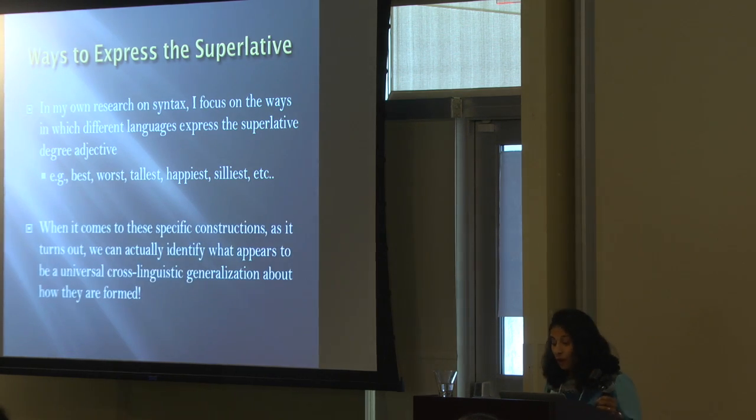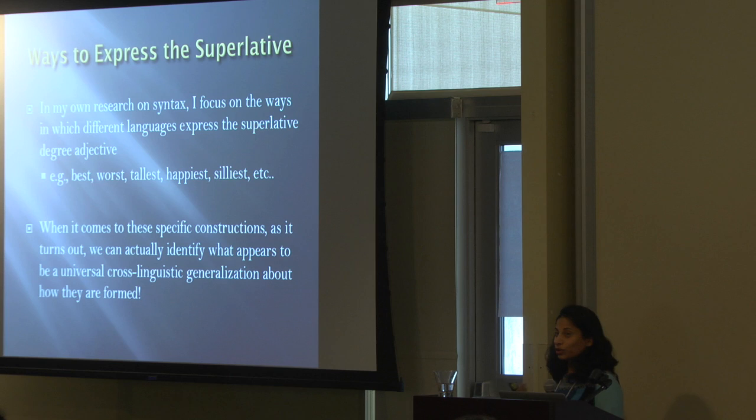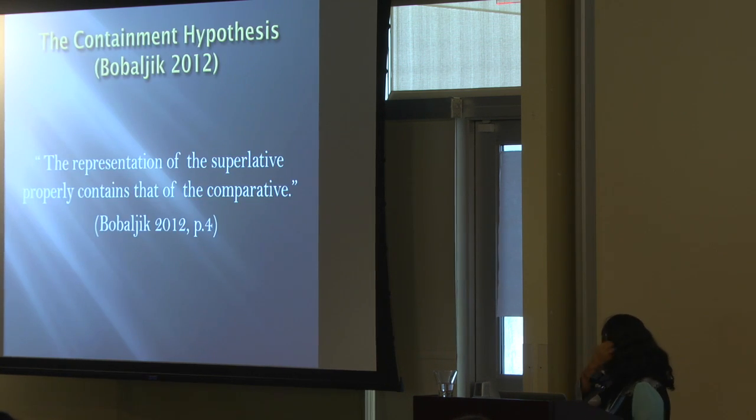And as it turns out, when it comes to these very specific constructions, when it comes to superlatives, we can actually identify what appears to be a universal cross-linguistic generalization, which is like, whoa, because these are not so easy to come by. But Bobaljik, in his 2012 book, came up with one, and it seems to be pretty robust.